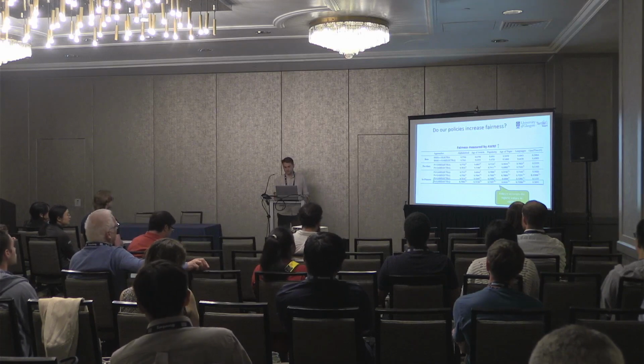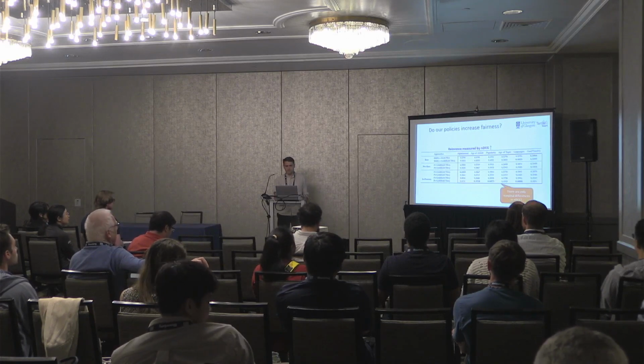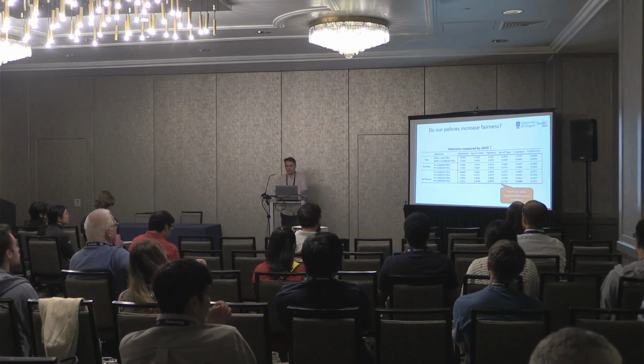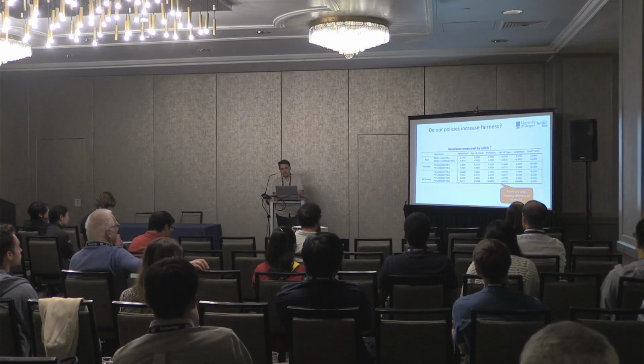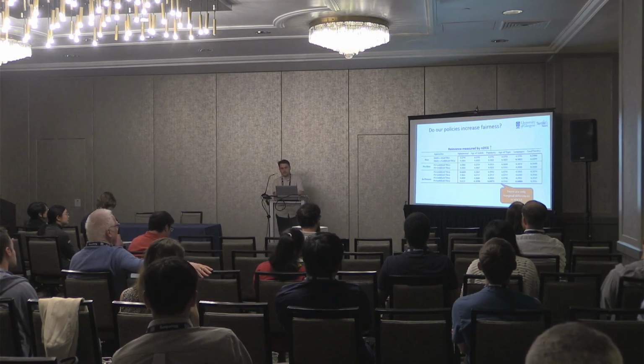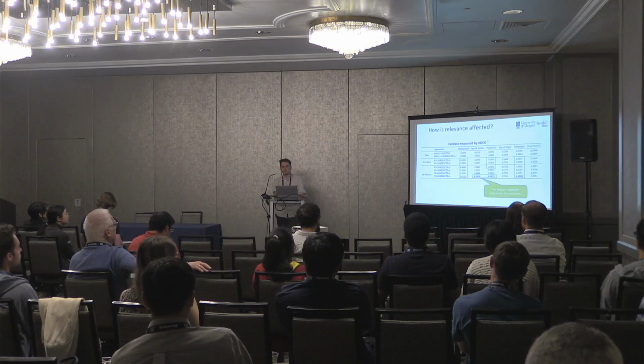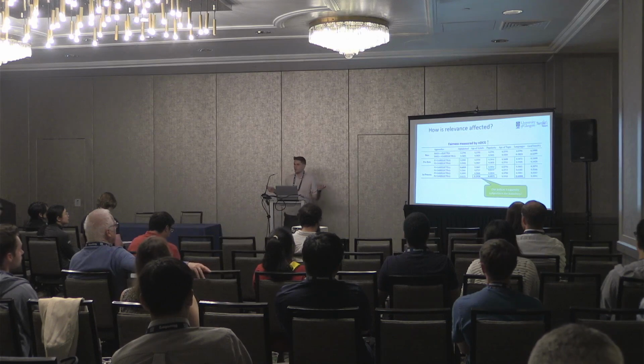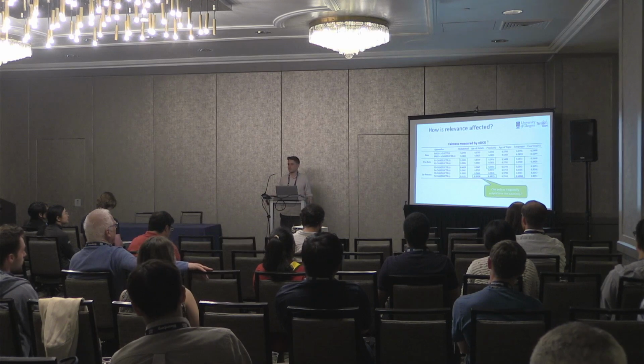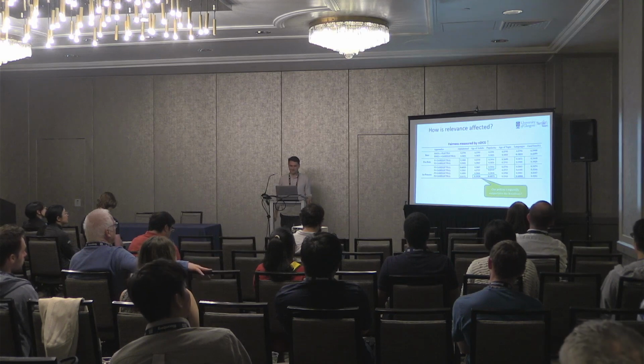And of course, the next question is, how is relevance affected? And we can see here in the table that there are only marginal differences in NDCG. So we're doing pretty well. And sometimes we even outperform the baselines, but I'm being very careful when I say outperform here because the differences are so small that it's not very remarkable.